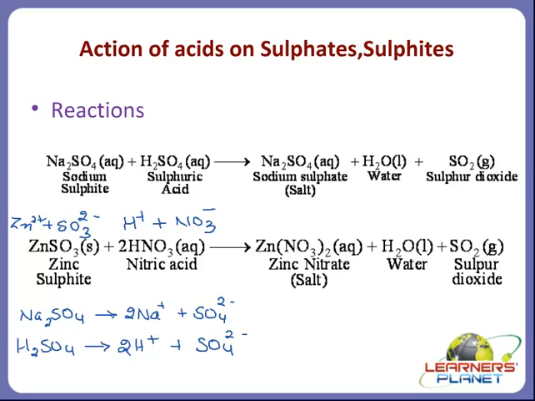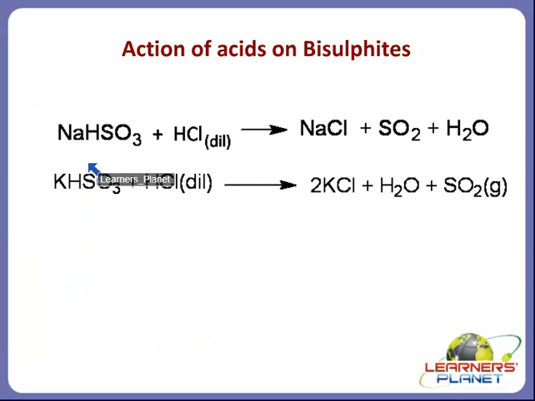Now let's take up a few more reactions, that is with bisulphites. This is NaHSO3, sodium bisulfite, reacting with dilute HCl. Now students, quickly tell me what all are the ions NaHSO3 is forming. Think about it. It will form Na plus and HSO3 minus ions.